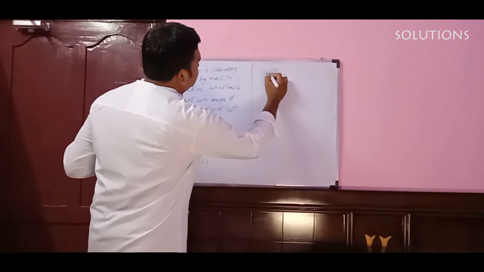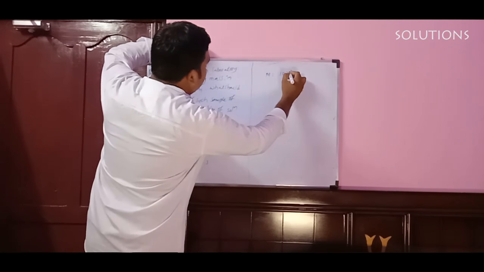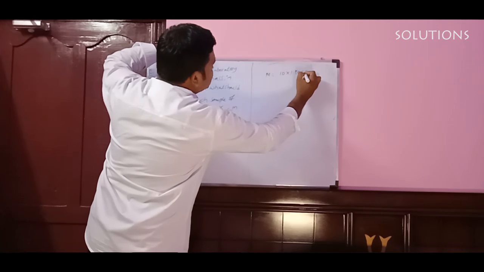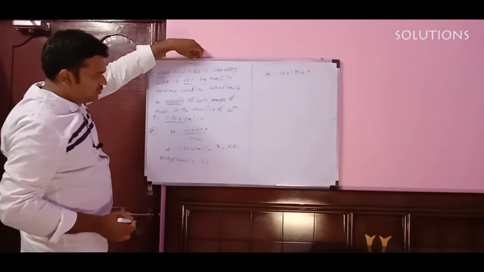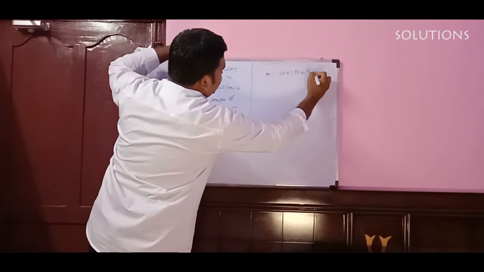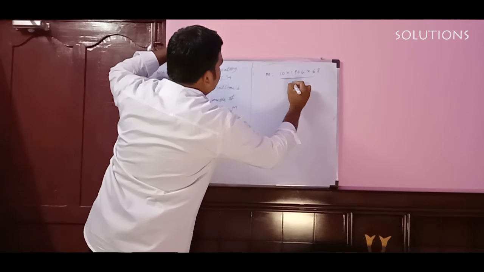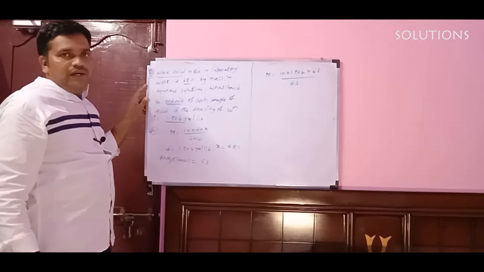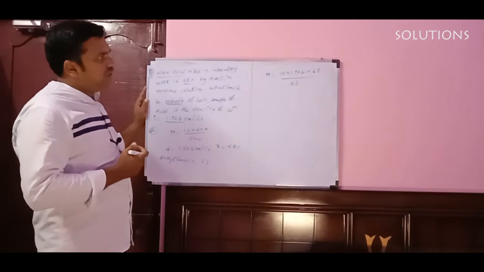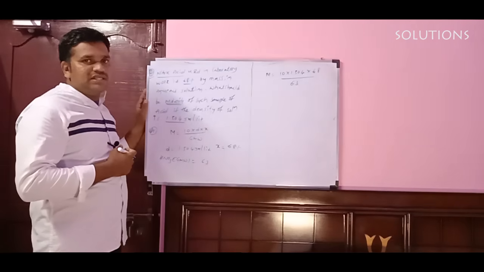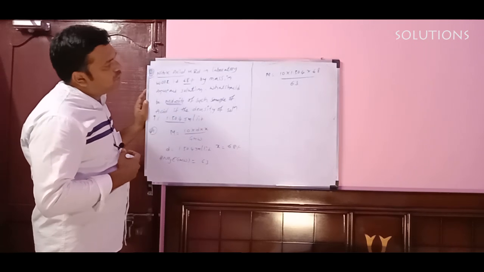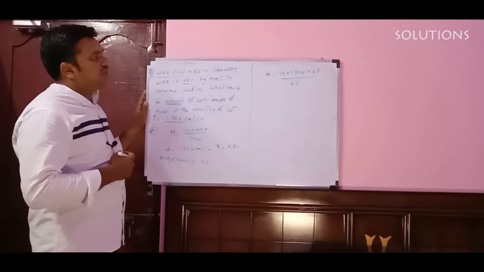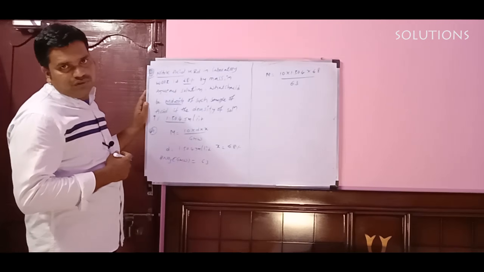Now I will get M is equal to 10 into the density we have, 1.504, into the X we have, 68, by 63. Clear? Are all the values substituted or not? 10 into density 1.504, mass percent 68, and gram molecular weight of nitric acid 63 only.